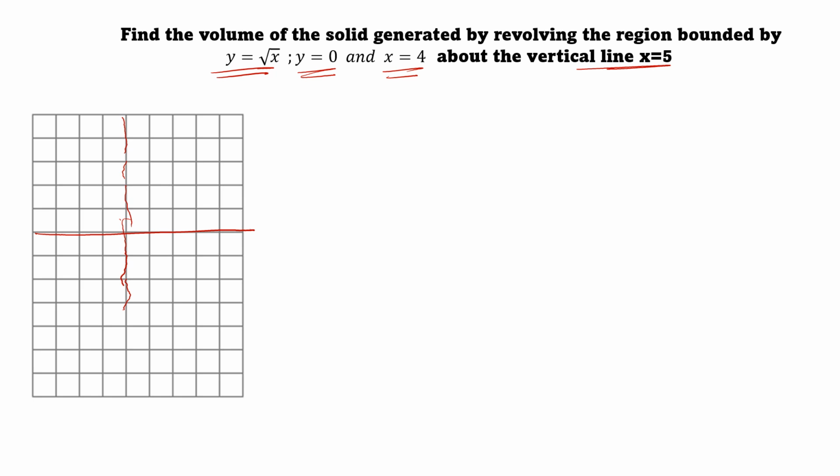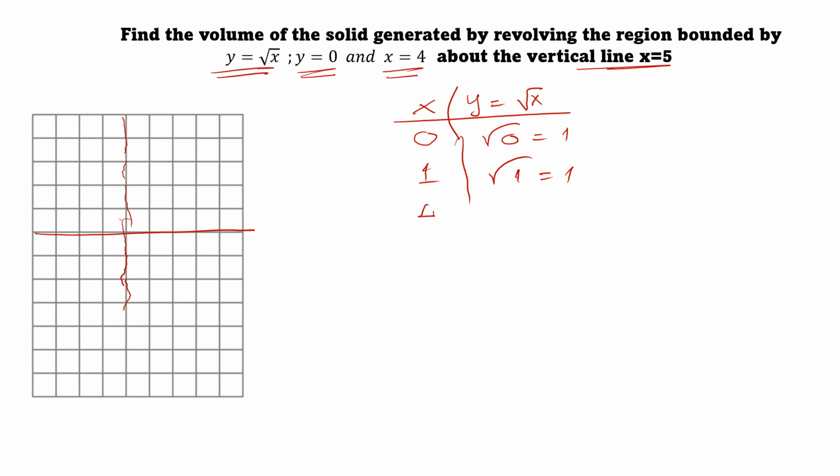Okay. So y equals root x. If I make a table of x and y, if I take x equals 0, y will be the square root of 0, which gives me 0. If I take the value of x as 1, the square root of 1, I will get 1.